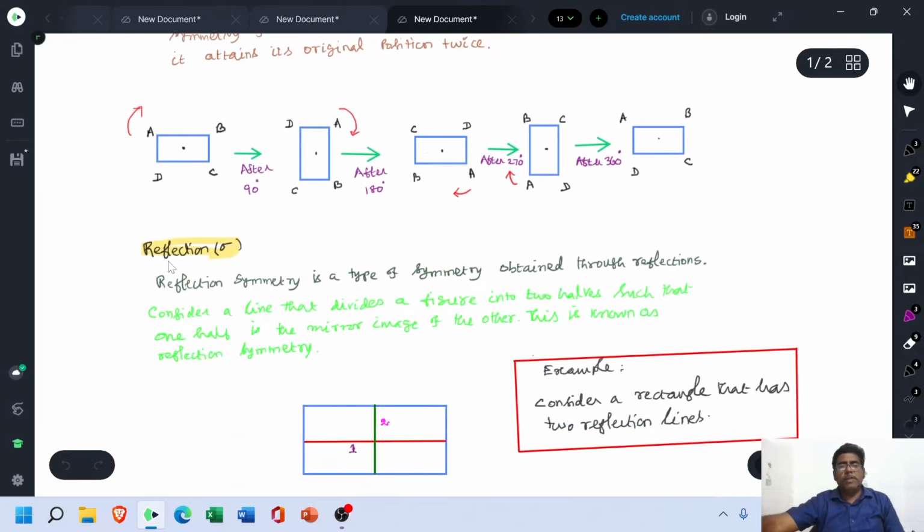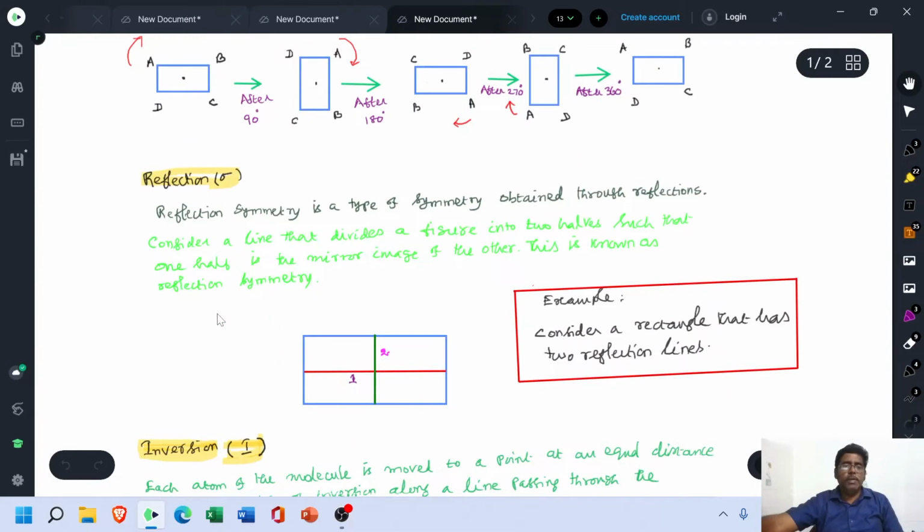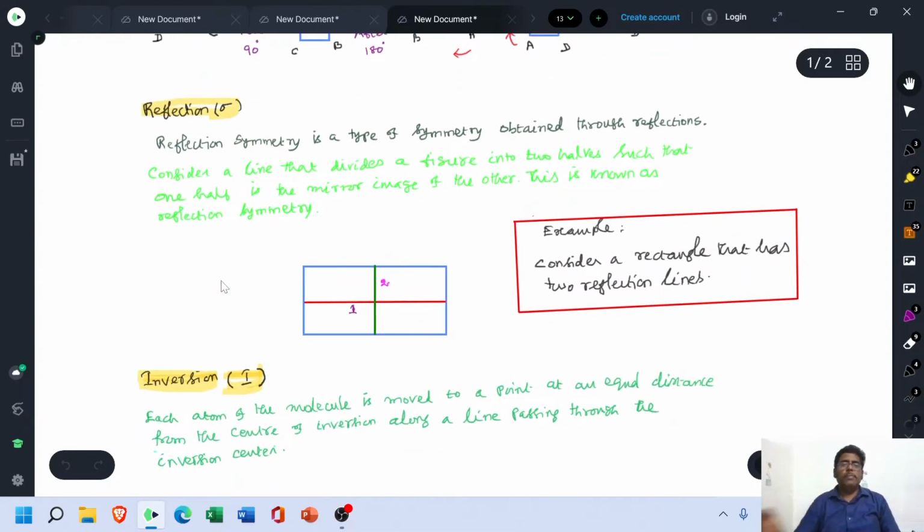Next symmetrical operation is reflection. Reflection symmetry is a type of symmetry obtained through reflections. Consider a line that divides a figure into 2 halves such that one half is the mirror image of the other. This is known as reflection symmetry.